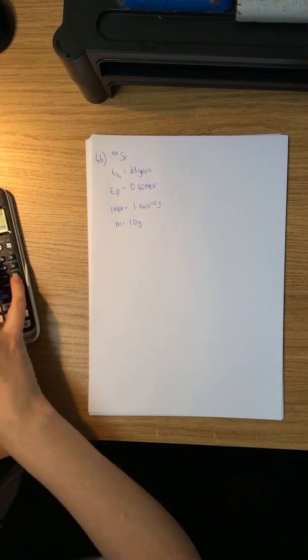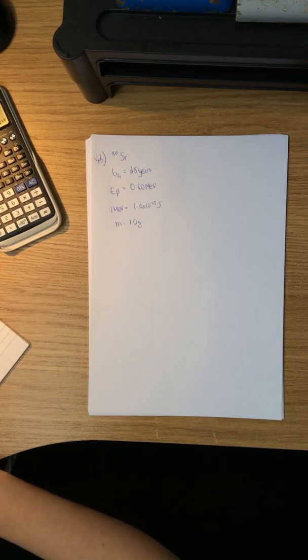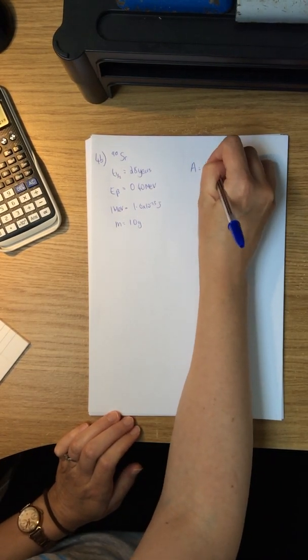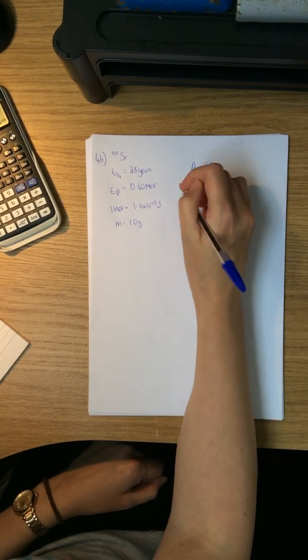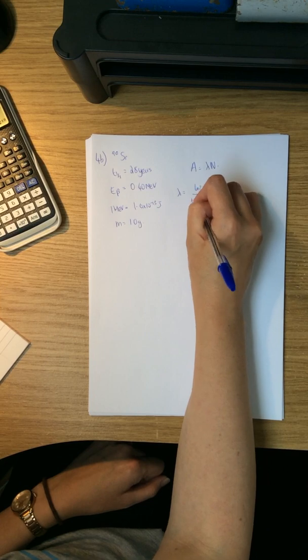So in order to calculate its activity, we're going to need to use the equation A equals lambda N, but I neither know lambda nor N. So I'm going to find lambda first. Lambda is natural log 2 over t half.